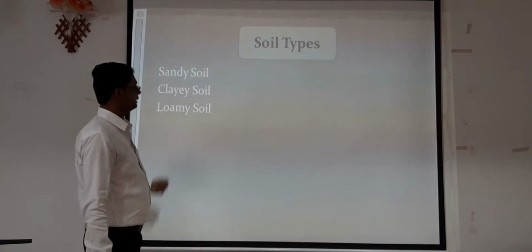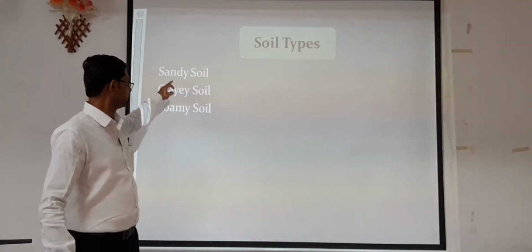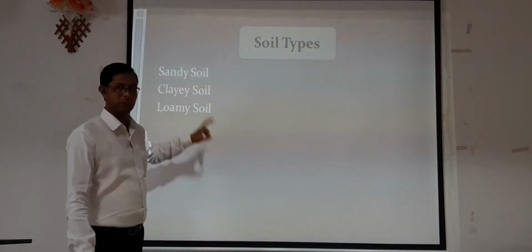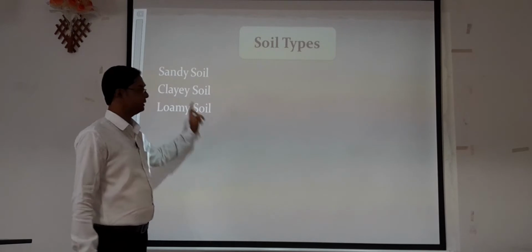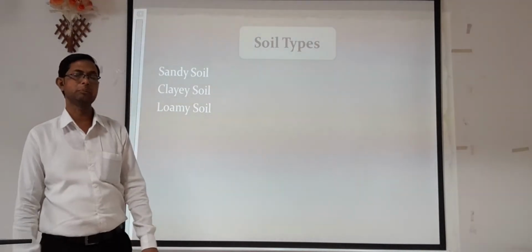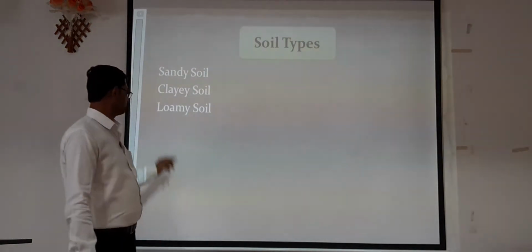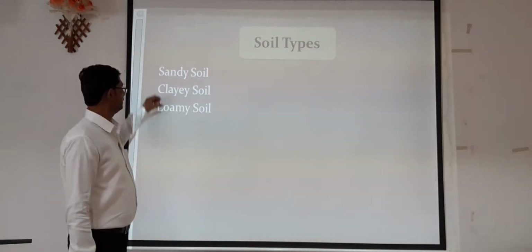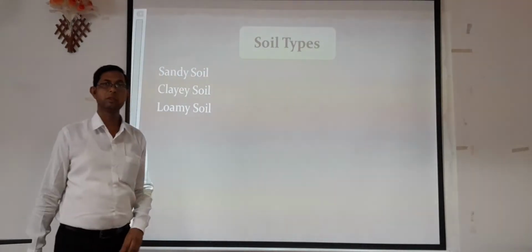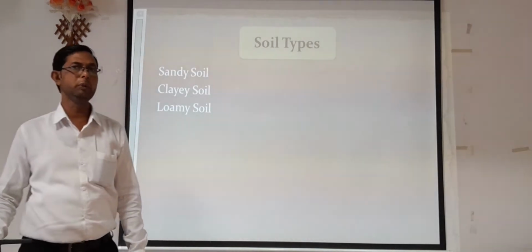The second type, clay soil, has a small amount of sand and a higher amount of clay particles, and it is the most important type of soil for farming purposes. The other type is loamy soil, which has very little sand structure, and that's why it has a loamy structure.